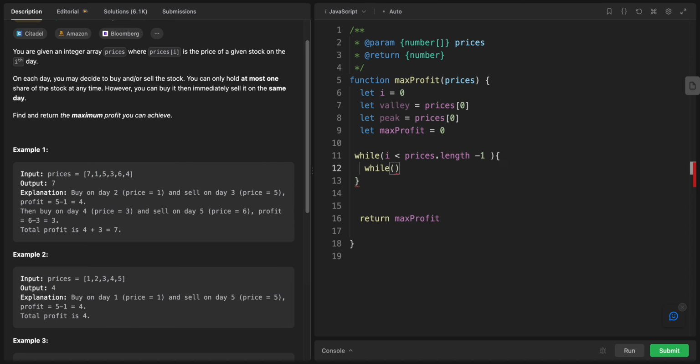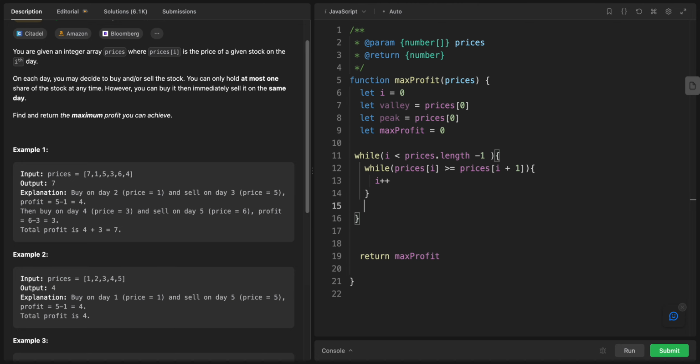So I'll say while prices[i] is bigger than or equal to prices[i + 1], not only bigger, because if they're equal we also have no profit. That means there is no profit, and that means we can't buy this stock. So what we should do is just increase the index by 1.